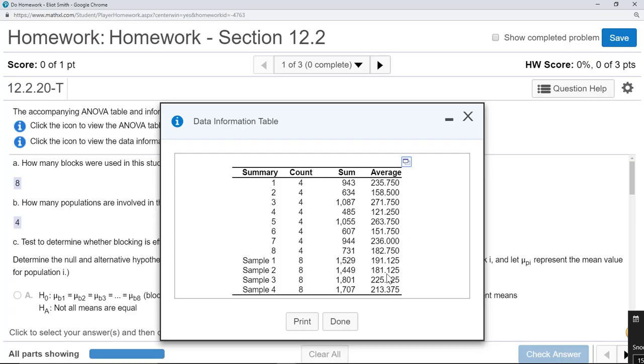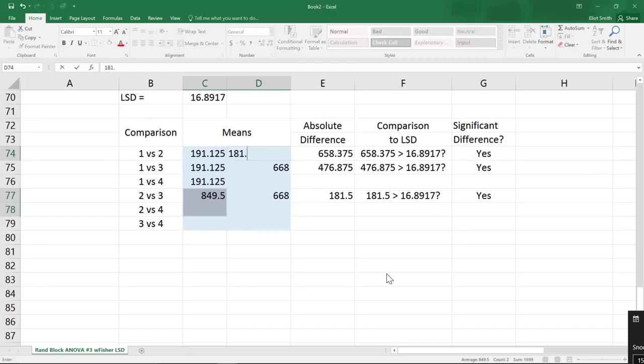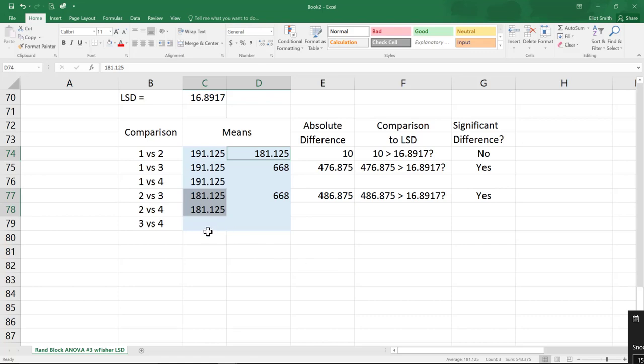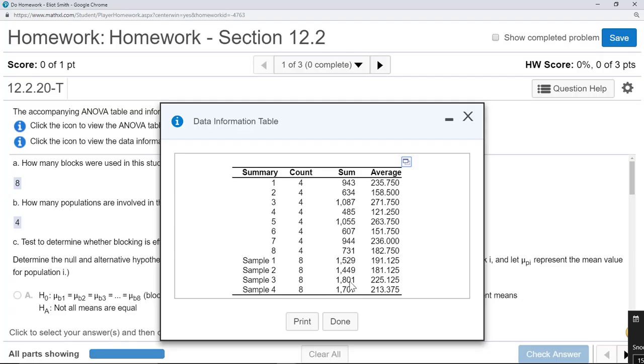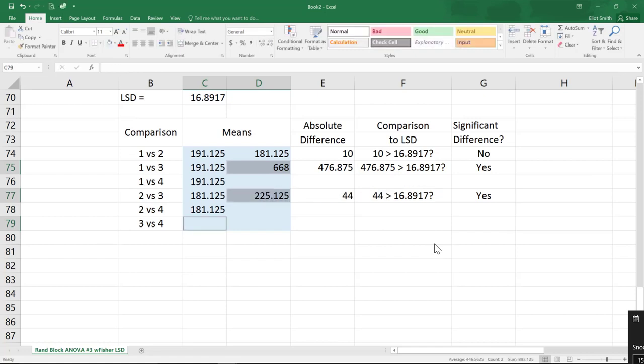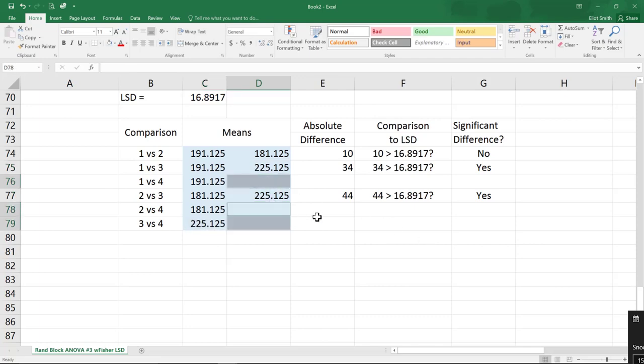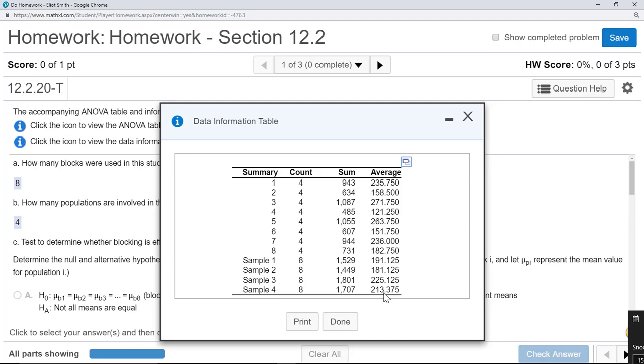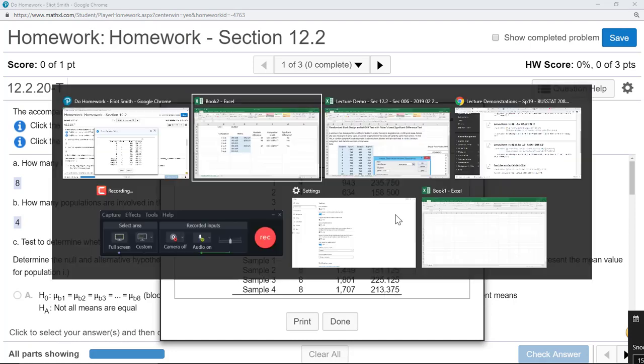Mean 2 is 181.125. 3 is this cell on the left, this cell on the right, and this cell on the right. And 3 was 225.125. And then 4 is this one on the right and these 2 on the right, and it's 213.375.